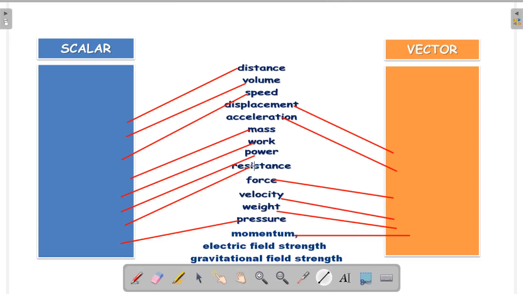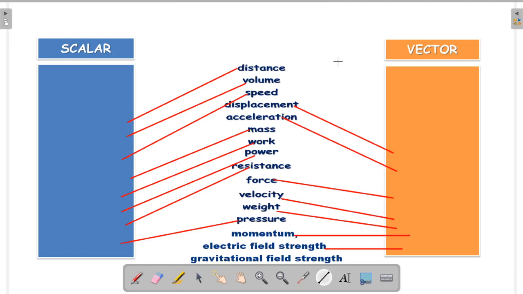There is another, electric field strength, the force per unit charge. The electric field strength at a point is defined as the force per unit charge acting on a small positive test charge placed at this point. So it is the amount of force acting on a positive test charge. For this reason, electric field strength is a vector quantity.